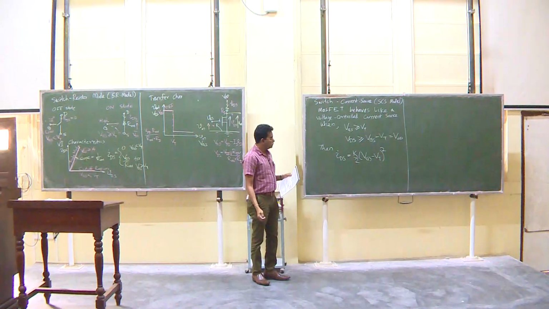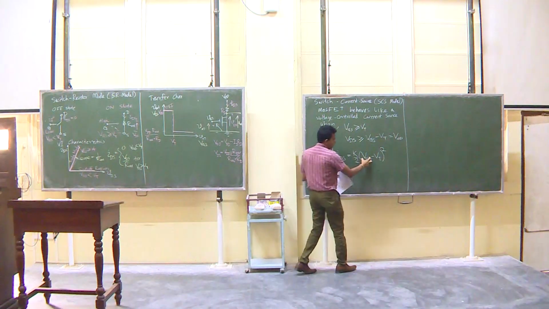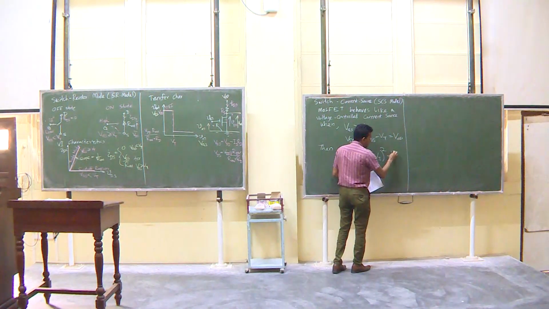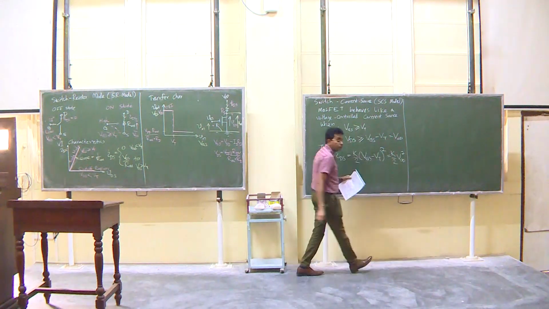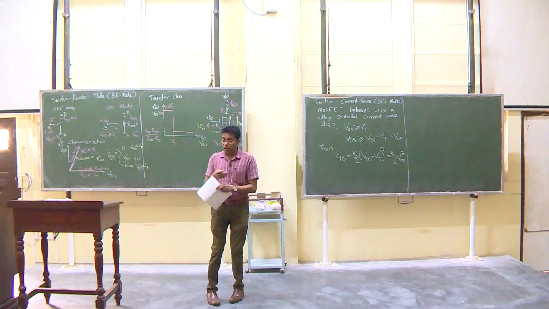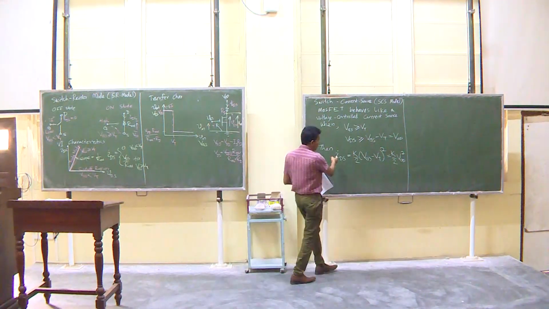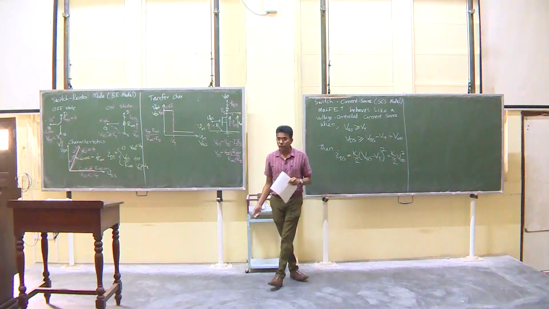Now you realize that this term is nothing but the overdrive voltage, so this is basically K divided by 2 times V overdrive squared. It's a square relationship, and you will see that this is related to the input voltage Vg.